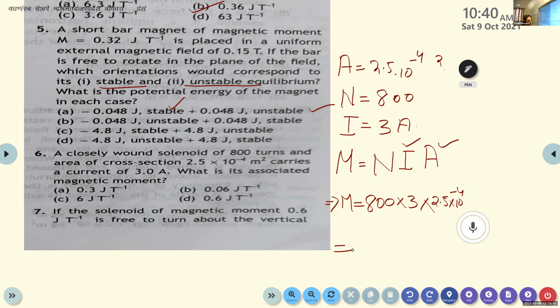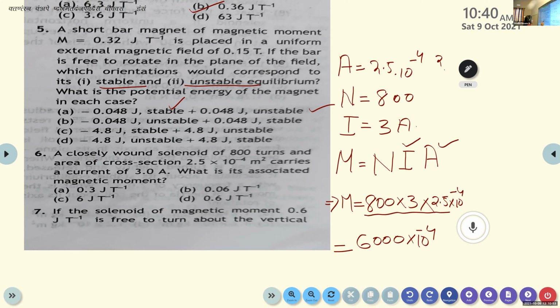800 into 3 into 2.5, 10 raised to minus 4. I got option B. So when we multiply 800 into 3 into 2.5, we get 6,000. 6,000 into 10 raised to minus 4.